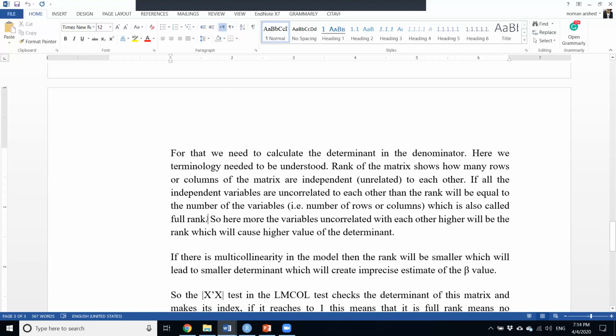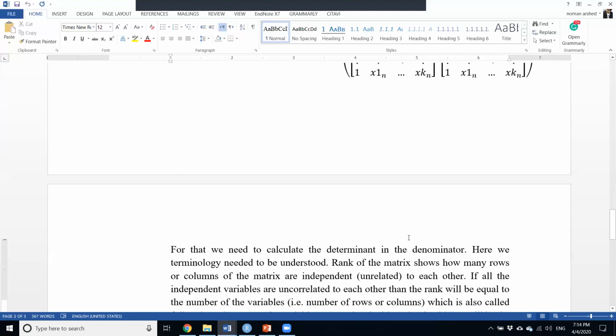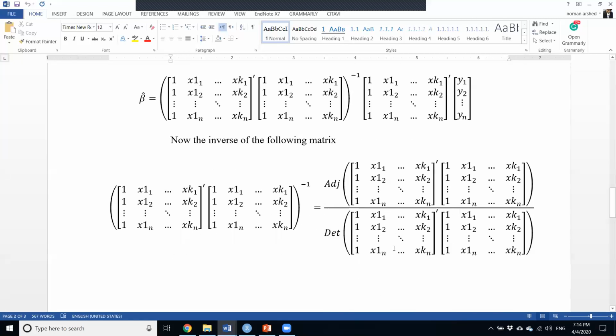It means if all the variables are independent, then the rank is full rank, and they are not correlated. So the more the variables are uncorrelated with each other, the higher will be the rank, which will cause a higher value of determinant. It means if x1, x2, and xk are independent of each other, then the rank will be higher and the determinant will be higher.